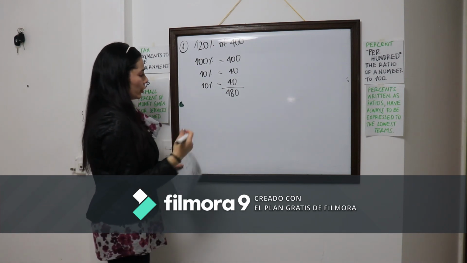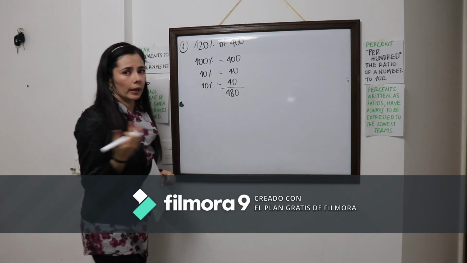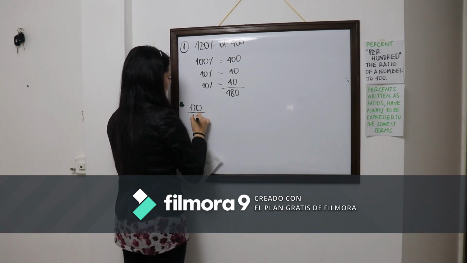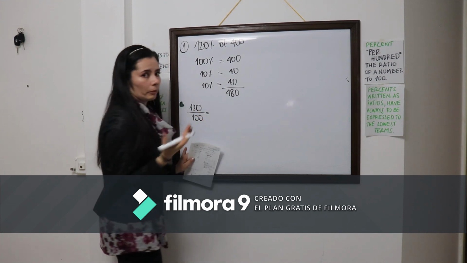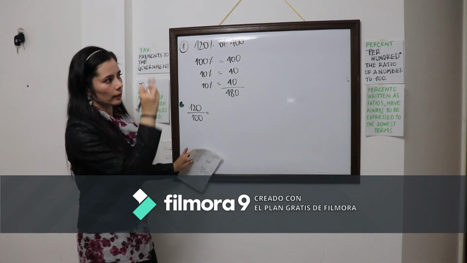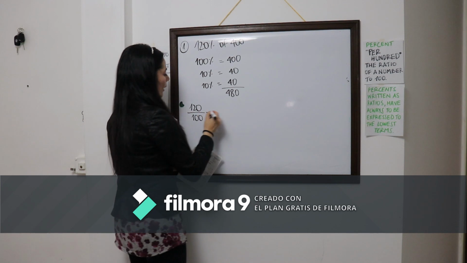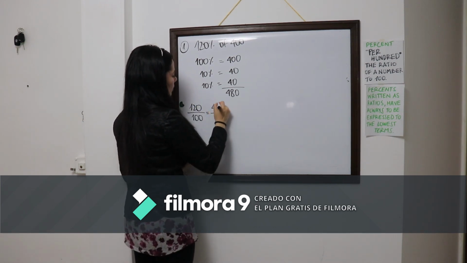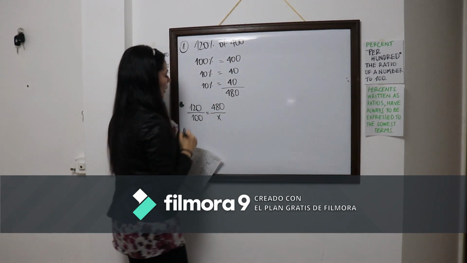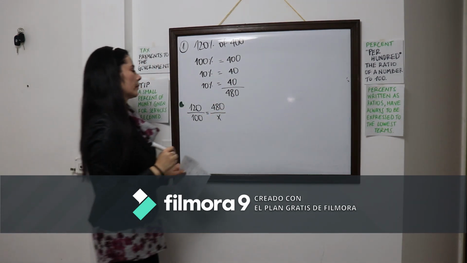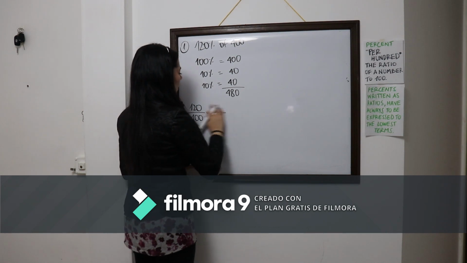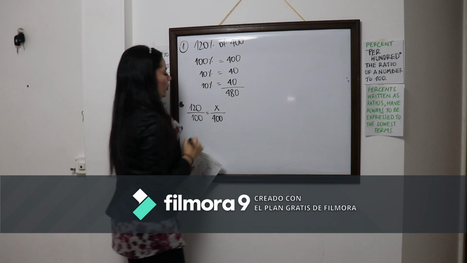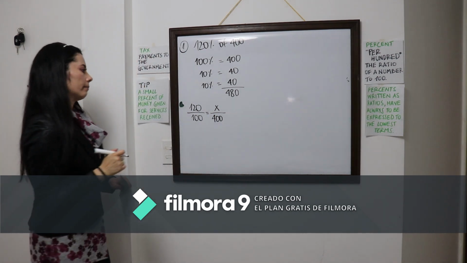And now I need to do it exactly. How would I work it out exactly? Well, I would do a proportion. 120 out of 100, which is the total. Remember, percents total is always 100. Sorry, my bad. We have the total as 400 and we actually need to find what the 120% is, right?